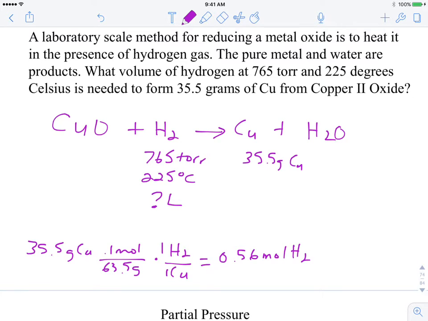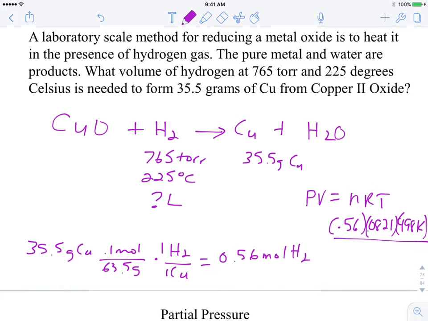Now plugging that into PV equals nRT and solving for V, we get that n is 0.56, R is 0.0821, the temperature is in Kelvin, so we need to change 225 to Kelvin by adding 273, that's 498 Kelvin.